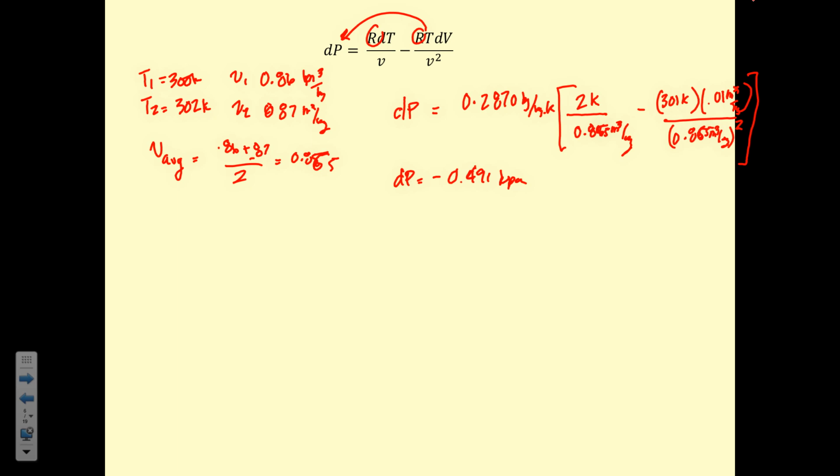So dP is equal to negative 0.491 kilopascals. Okay, so how would I find the actual change in pressure?